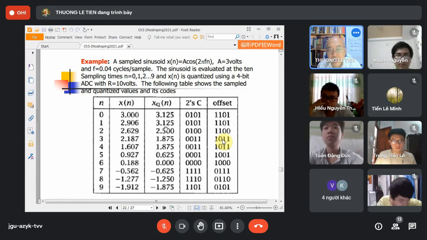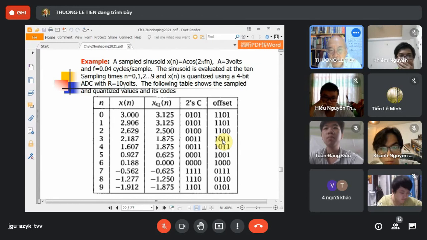And we take the SQ, corresponding to the quantization level. And then we still use the 4 bits ADC, R equal to 10 volts.